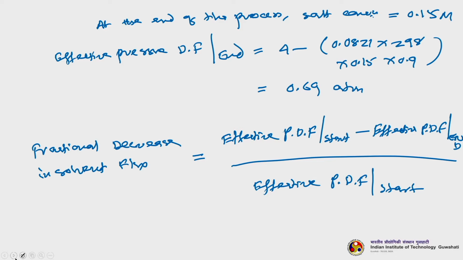So, we can calculate it: 2.9 minus 0.69. The effective driving force at the beginning is 2.9 atmosphere, and 0.69 is the effective driving force at the end of the process, divided by 2.9. So, this becomes 0.762.